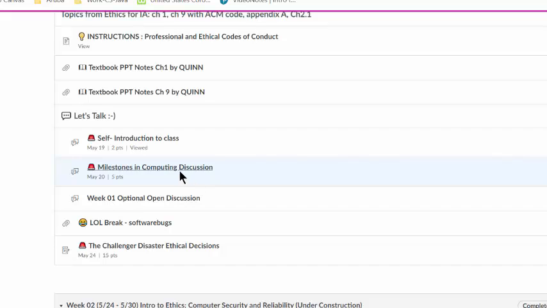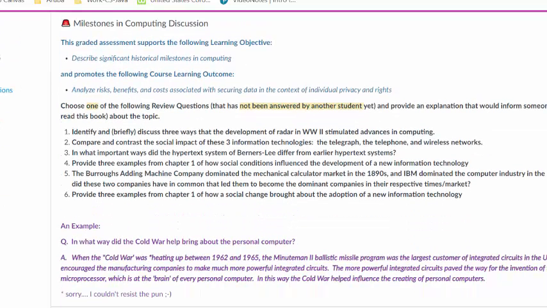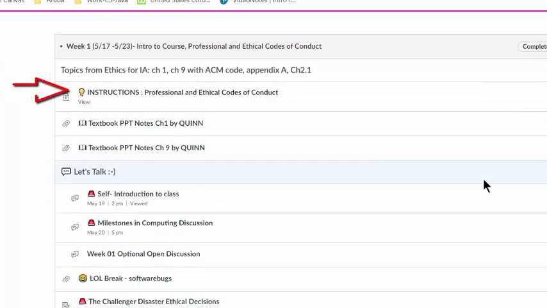And the first discussion thread has to do with Chapter 1, the milestones in computing. And I'm just asking that you choose one of these questions and answer it, unique from ones that other students may have selected. So that is the format of our modules.